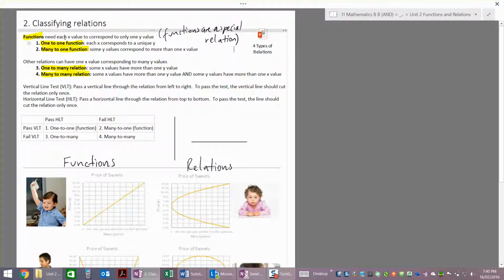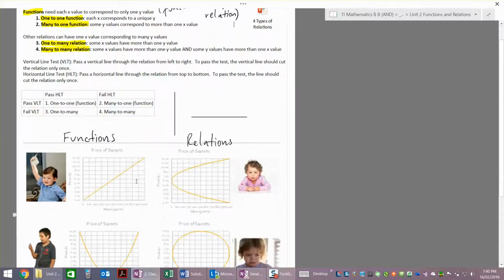Okay, so I need to label these four types of functions or relations on the four below. This first one, the best type of function where we can read it both ways uniquely, is called a one-to-one function. Each x value corresponds to a unique y value.